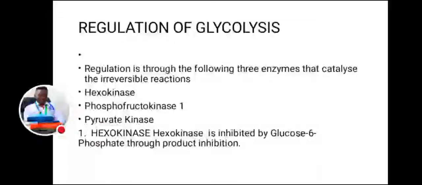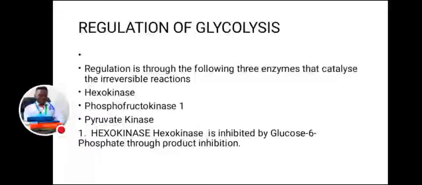Now, this brings us to regulation of glycolysis. How is glycolysis regulated? Regulation of glycolysis is done through the following three enzymes that catalyze irreversible reactions.